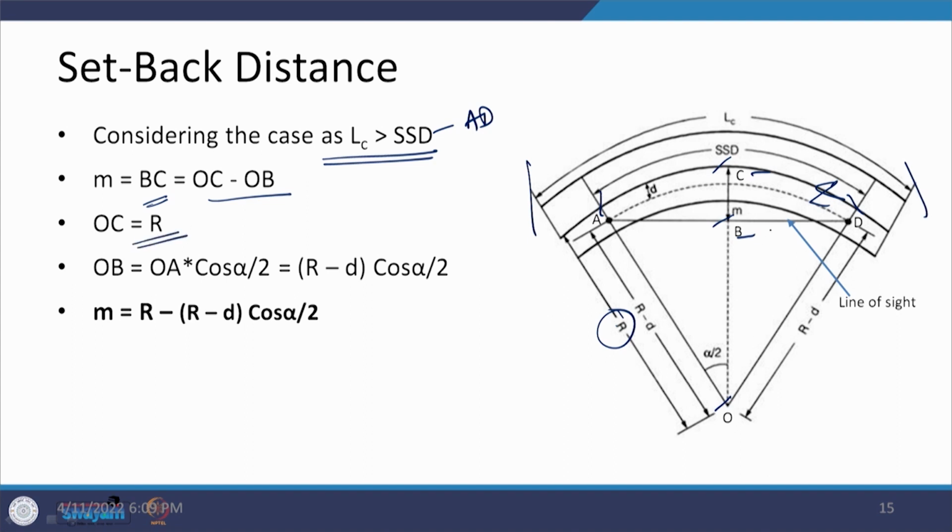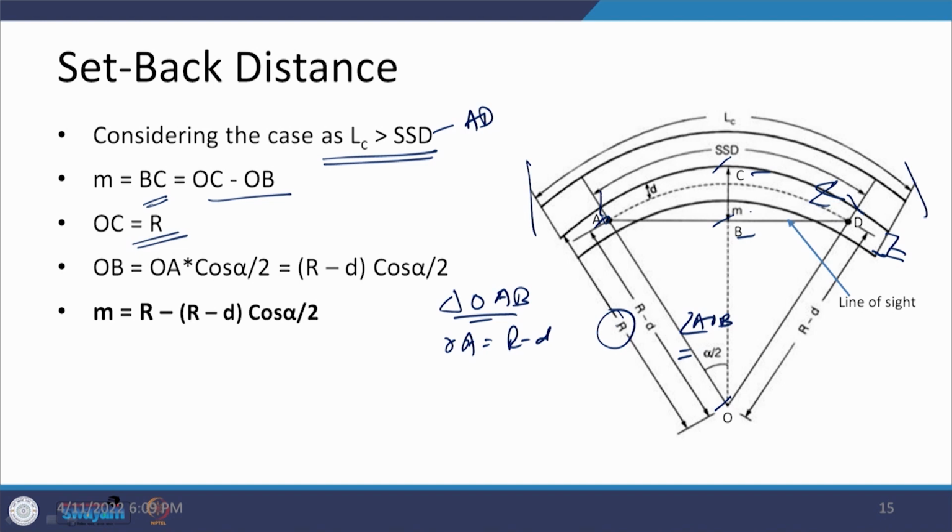When you are looking at the movement in the inner lane and with respect to the center line, we are talking about this point A up to which we are going to move. So, considering the triangle OAB, then OA is R minus D, and this angle AOB is equal to alpha by 2.